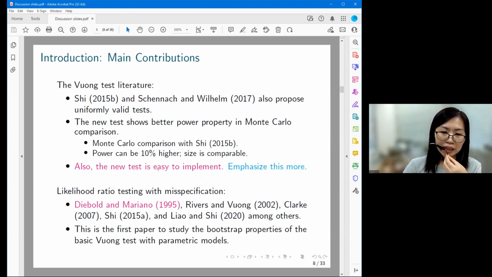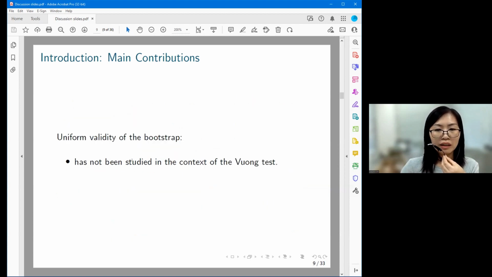And this new test is easy to implement, even though it relies on Bootstrap, but coding it up should be quite easy. So I think this paper can emphasize this point more. There are other papers that deal with likelihood ratio testing and non-nested models, but these are not based on Bootstrap. So this is the first test that studies Bootstrap in the model selection testing context.